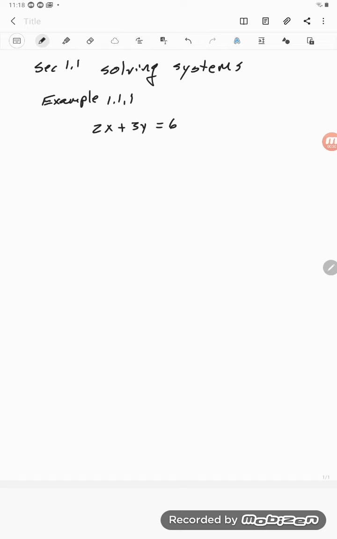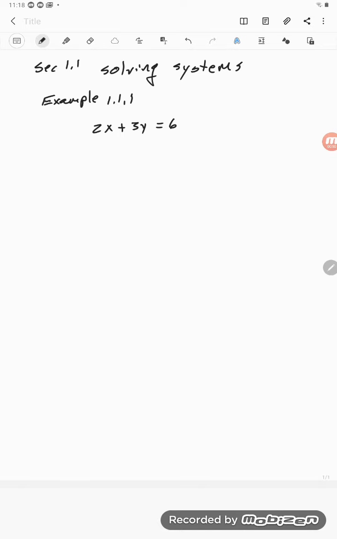Well, there are a couple different ways I can do this, and a lot of it has to do with equivalent equations. An equivalent equation is one that has the same set of solutions. Okay?